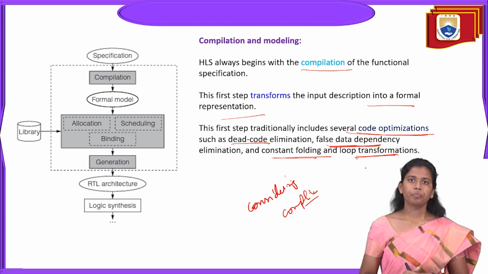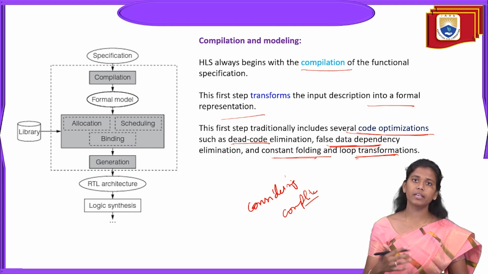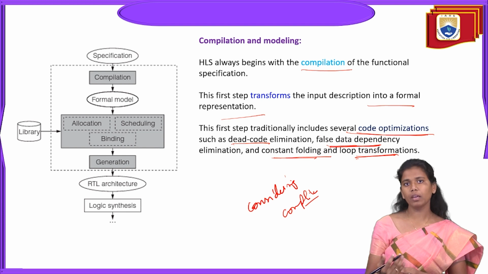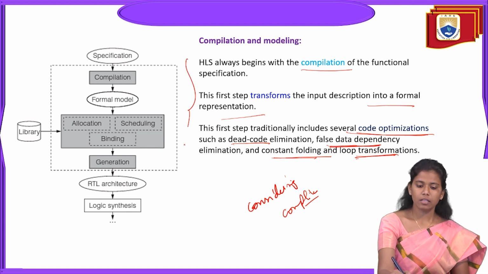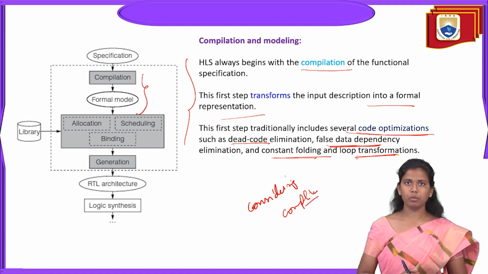Loop transformations deal with redundancy, the repetition of words or variables, and such things can also be eliminated easily. All this is done in the compilation and formal model area.